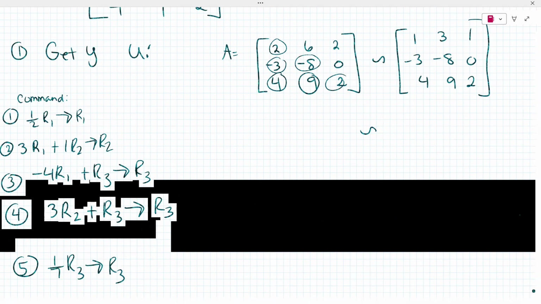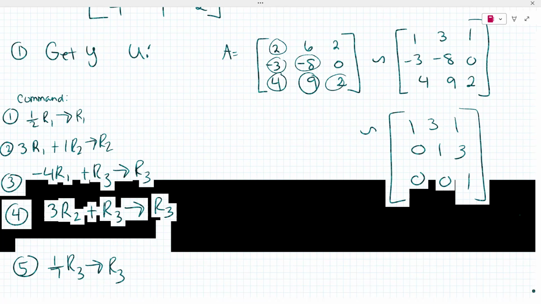Okay, so there should be a total of 5 commands that'll give us your diagonals 1 and the lower triangle to be zeros. So when you do all the work, you should get this. Your new matrix should be 1, 3, 1, 0, 1, 3, 0, 0, 1.